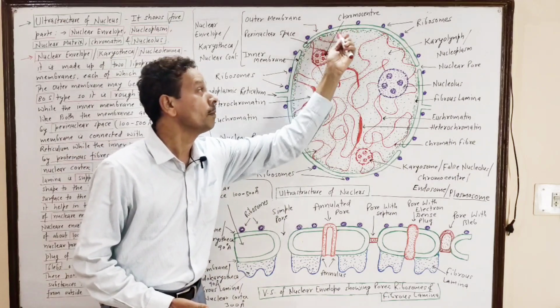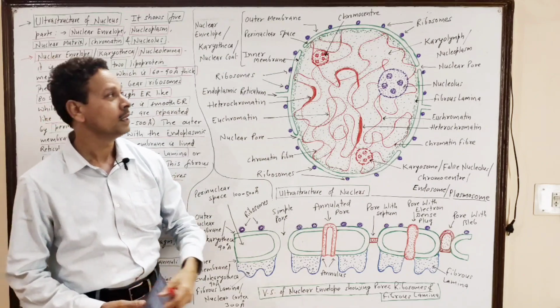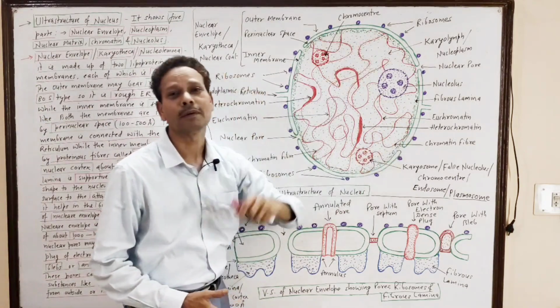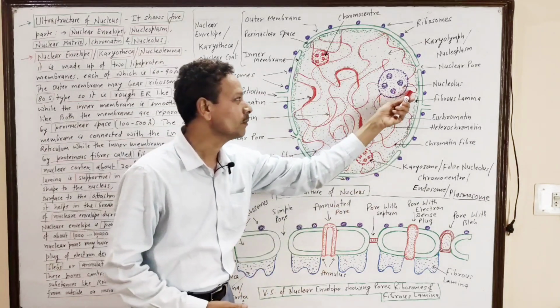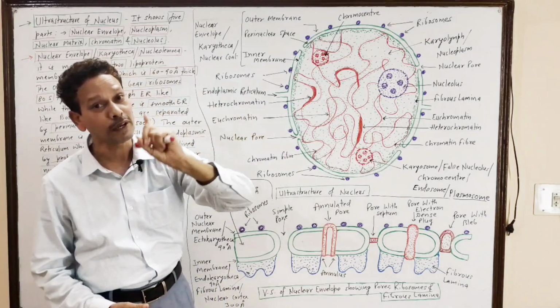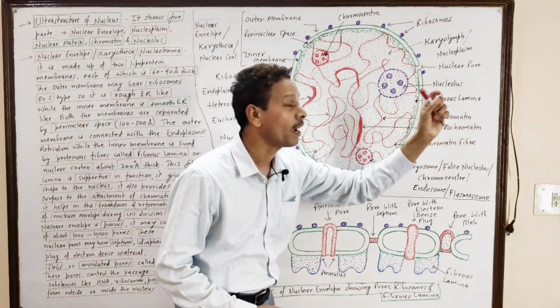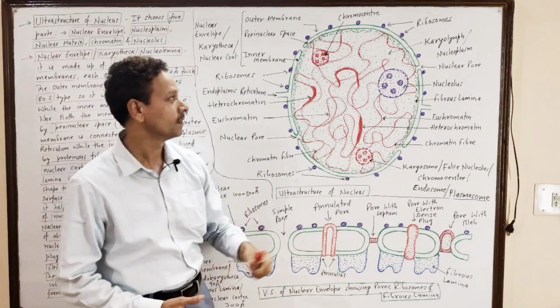This outer double membranous coat is the nuclear envelope. Just below this nuclear envelope, a fine thread-like network is there. This one is fibrous lamina. Very important question for competitive exams: fibrous lamina, or it is nuclear matrix.